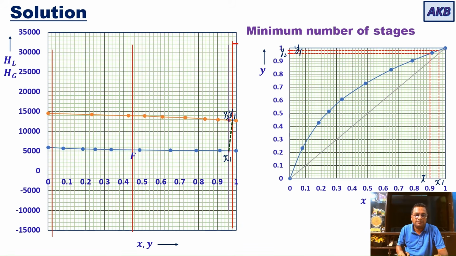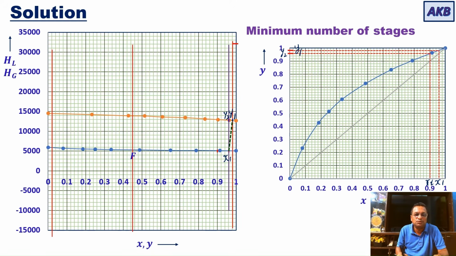So just a minute. So this will be x2. So in this case, you can say it is 0.9, x2.